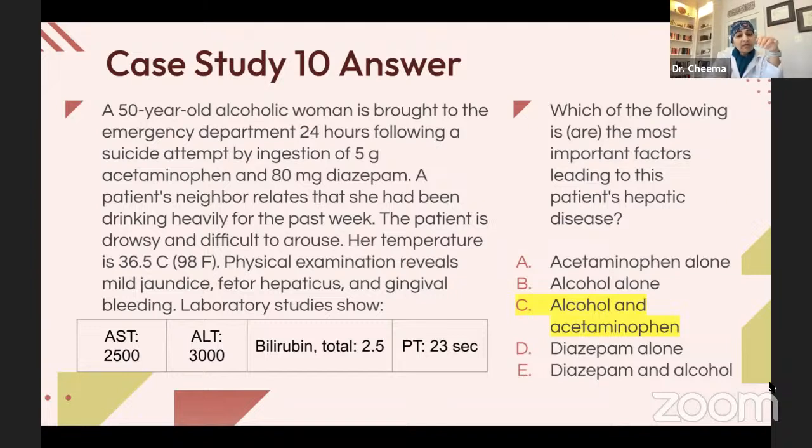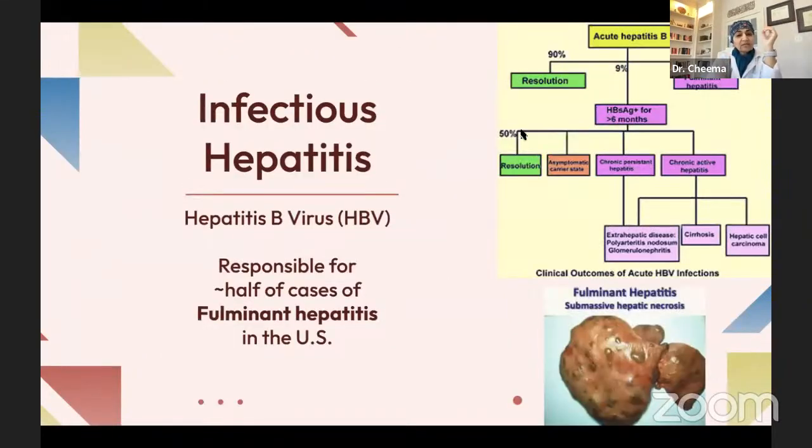And the synergistic effect between alcohol and acetaminophen is mediated by the activating action of alcohol on cytochrome P450. So as we all learned in our undergrad biochemistry about the cytochrome P450 system, right? Both alcohol and acetaminophen affect the cytochrome P450 system, which converts acetaminophen into a highly toxic intermediate.